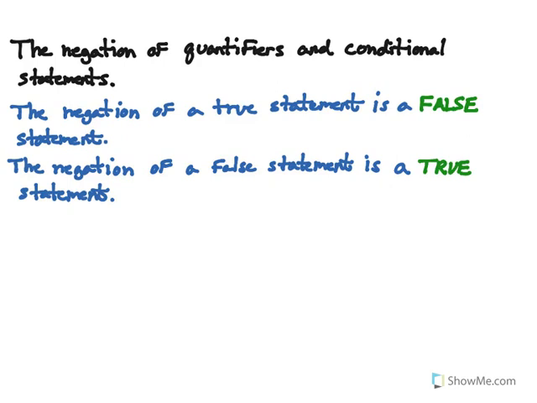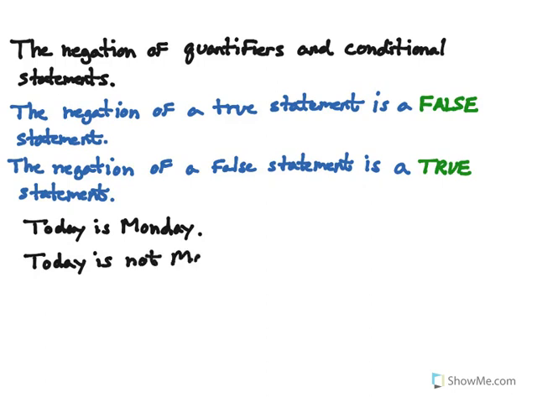But a simple example to think of is you can say, today is Monday. And then the negation of that is, today is not Monday.